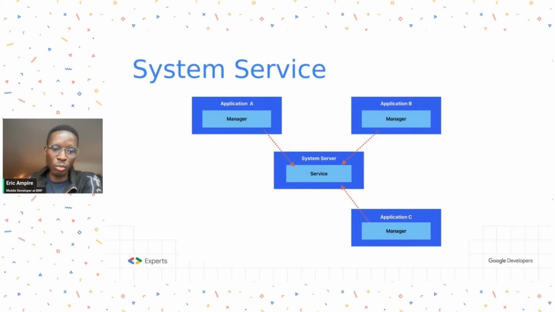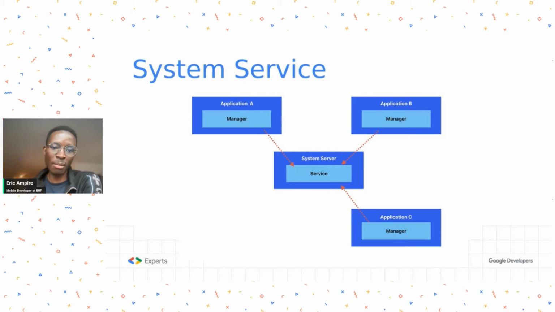And we can also have something like this. We have different kinds of applications. Let's say we can have 3 different applications that use the same manager. It means that every single application on our device will have its own instance of the manager, but all those managers will be linked to one service.